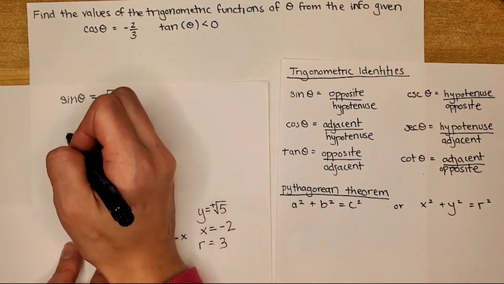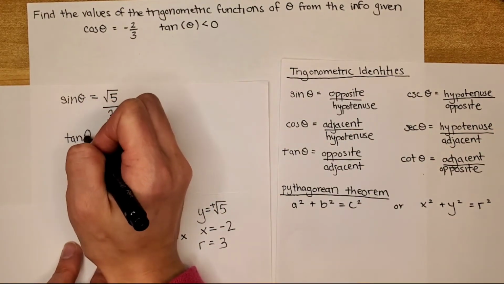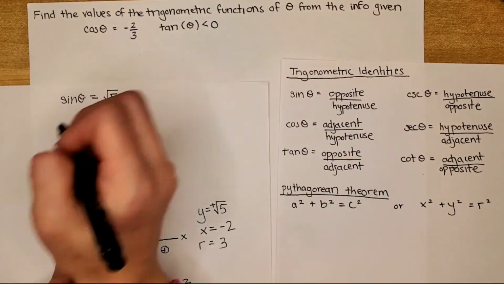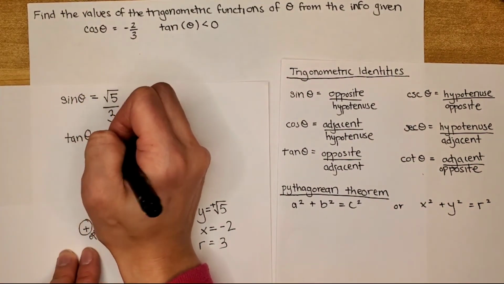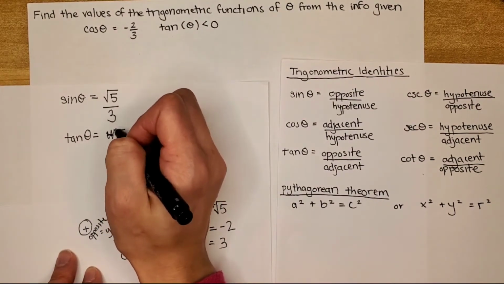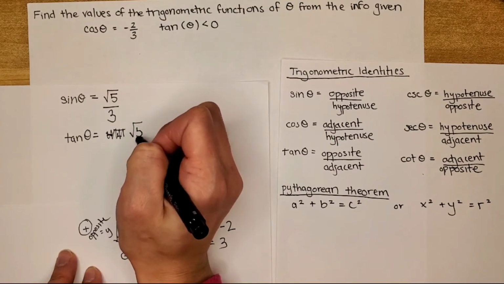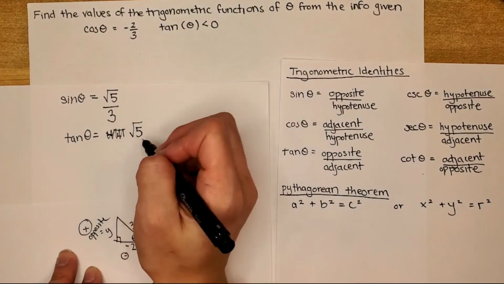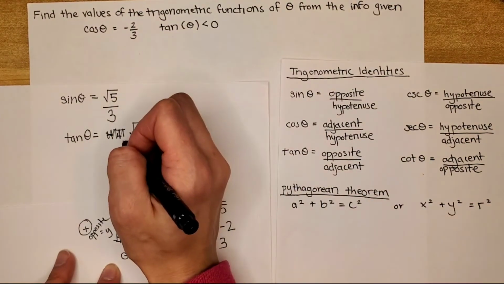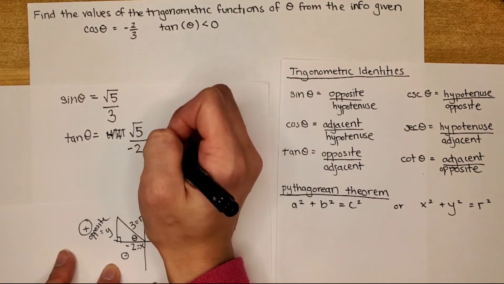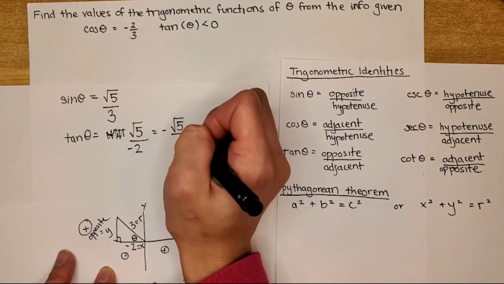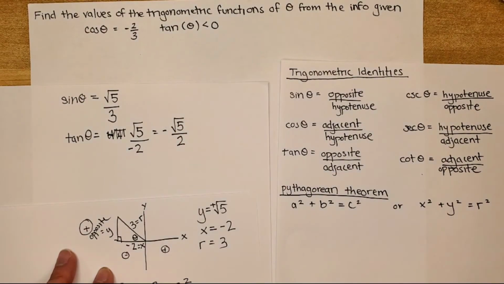But now let's focus on our tangent theta value, which is going to be opposite, so our value of square root of 5, over our adjacent, which is a value of -2. And so we're going to be given a value of negative square root of 5 over 2.